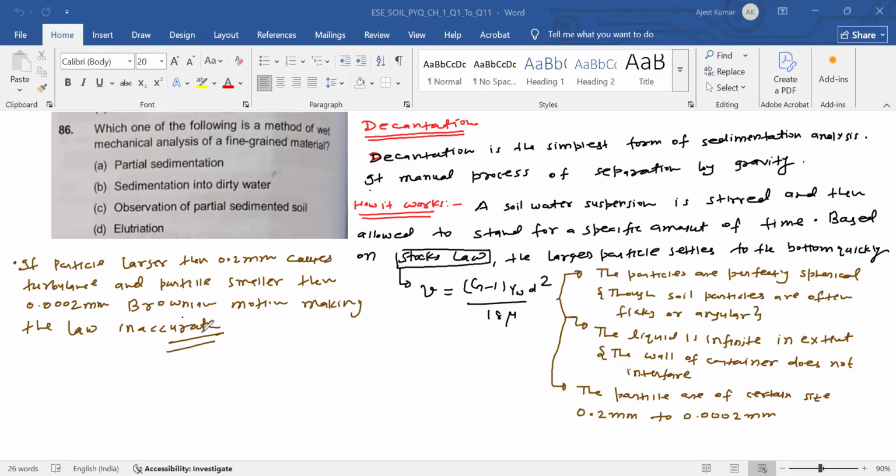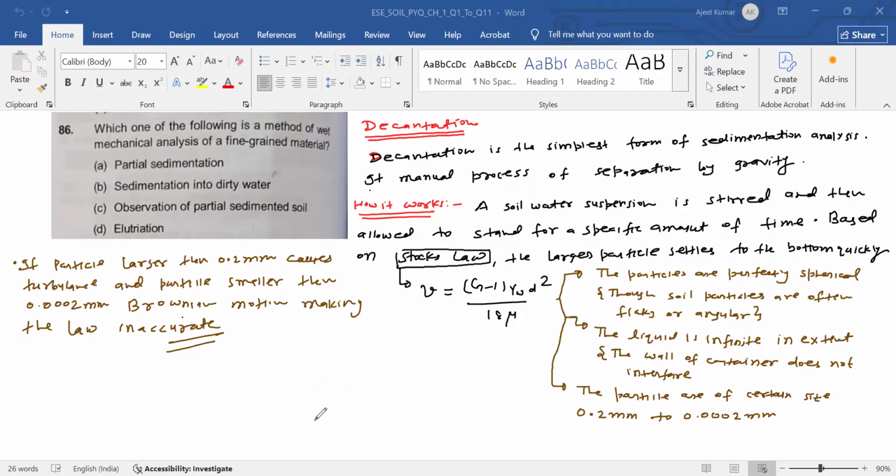So decantation is also a method of wet mechanical analysis of fine-grained material. And there are many more methods. I can write the names of these methods, but explanation will take a lot of time, so I am only going to name the methods of wet mechanical analysis of fine-grained soil.